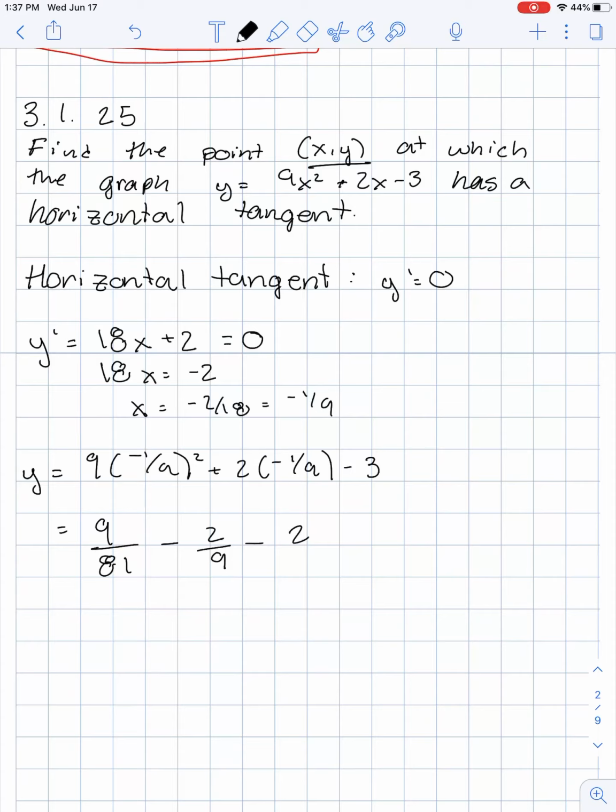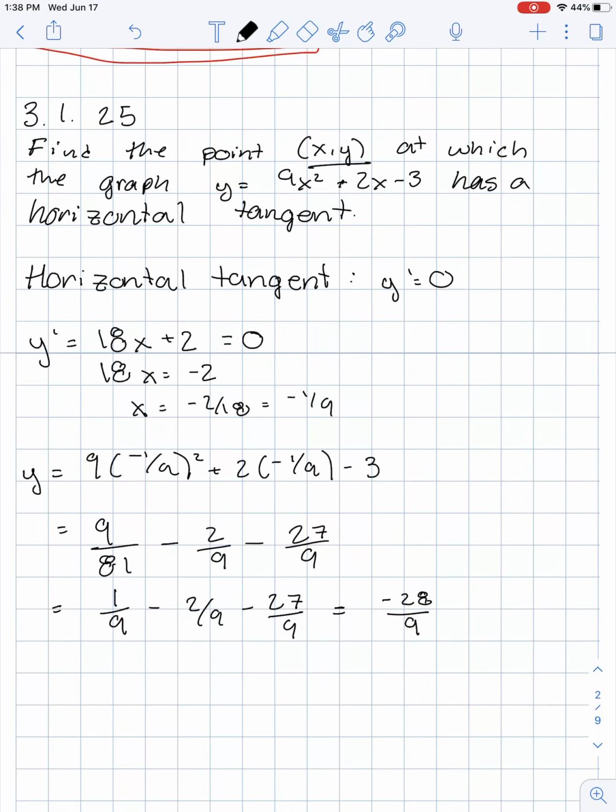So 3 is going to be 27 over 9. All right, 9 divided by 81, that simplifies to 1/9 minus 2/9 minus 27/9. 1 minus 2 is negative 1, minus 27 is negative 28 ninths.